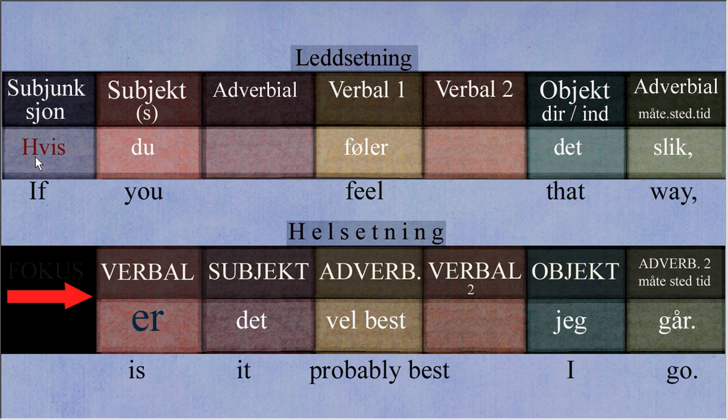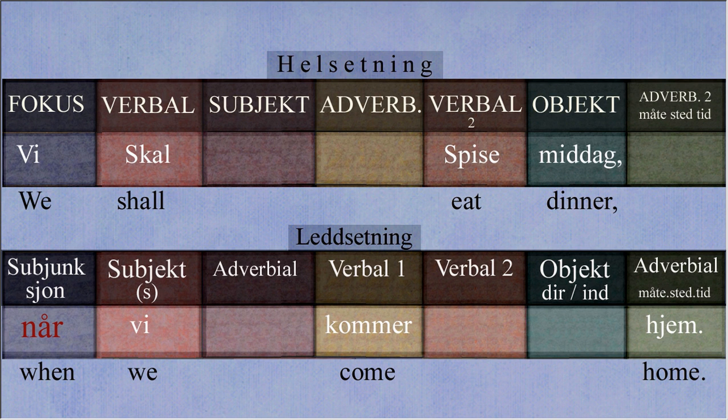If you don't know this, then why is it this order? What is this? Well, here it is, your explanation right here. So now you know. And when you hear a Leddsetning begin a sentence, you'll know it, and you won't freak out.